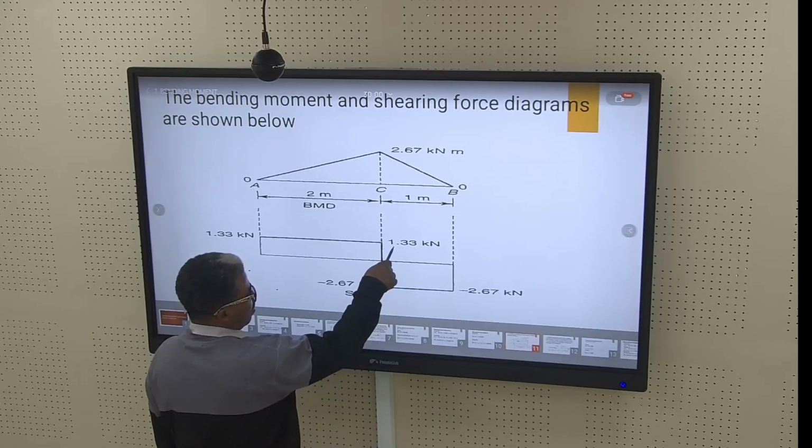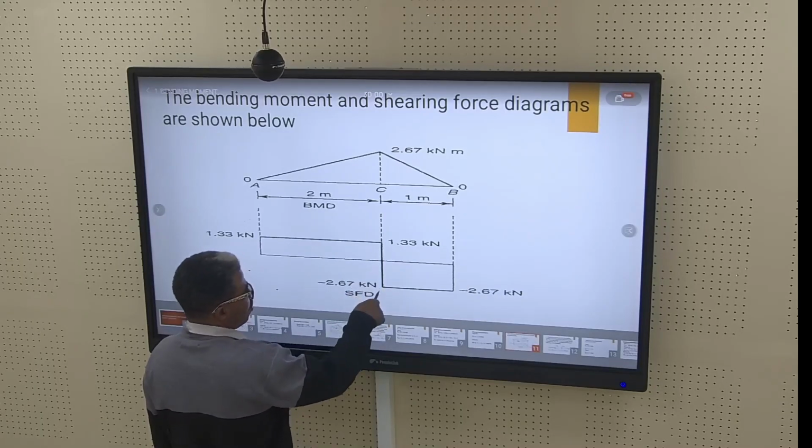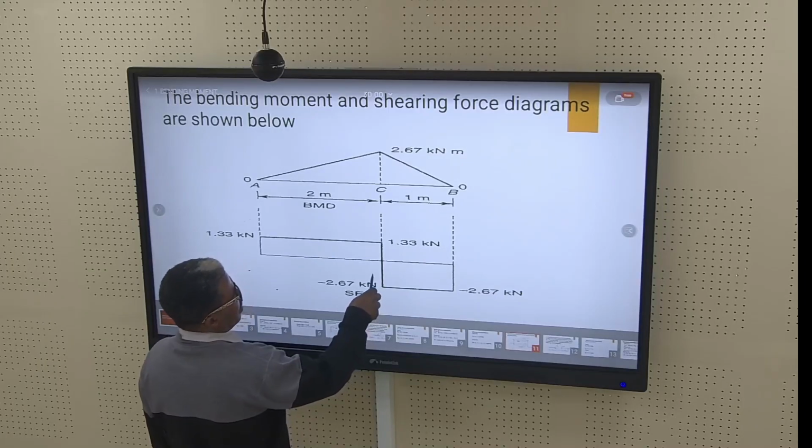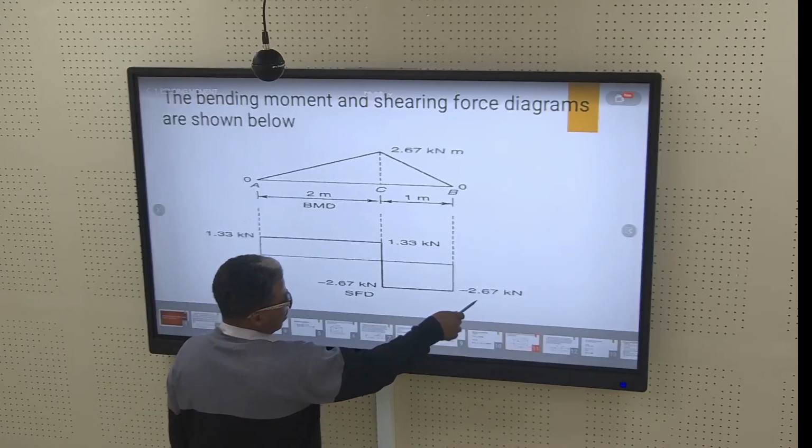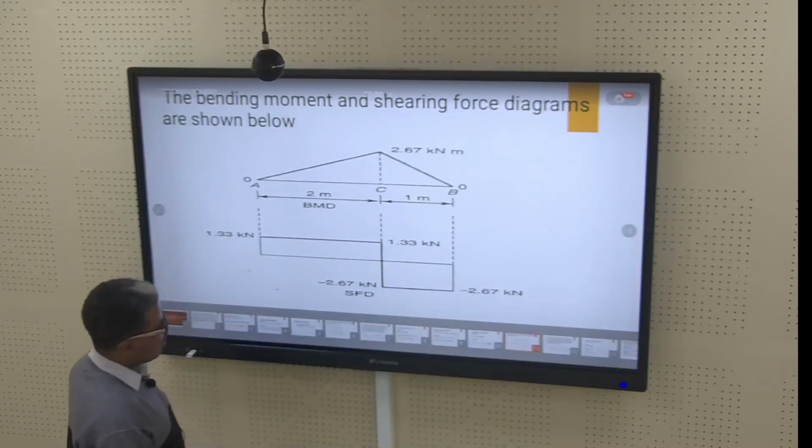The magnitude here indicates 1.33, but just to go down to the magnitude of the total, how much was it? Was 4. So this plus this one, it becomes 4.